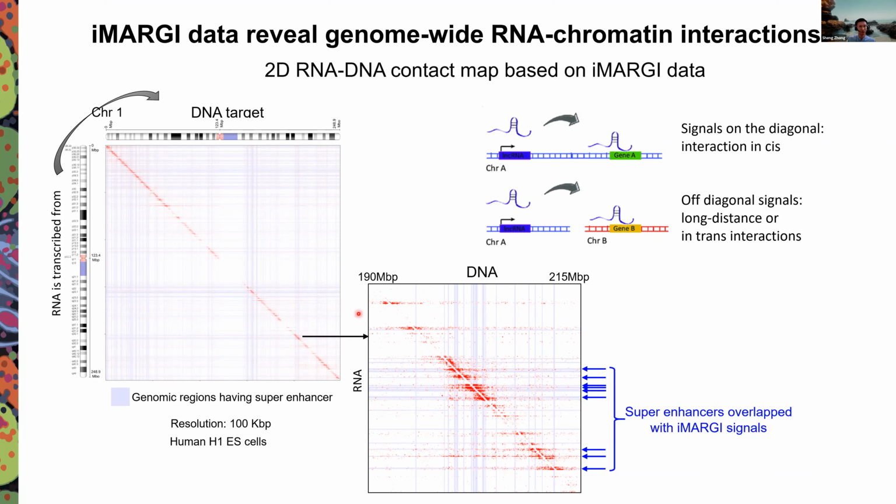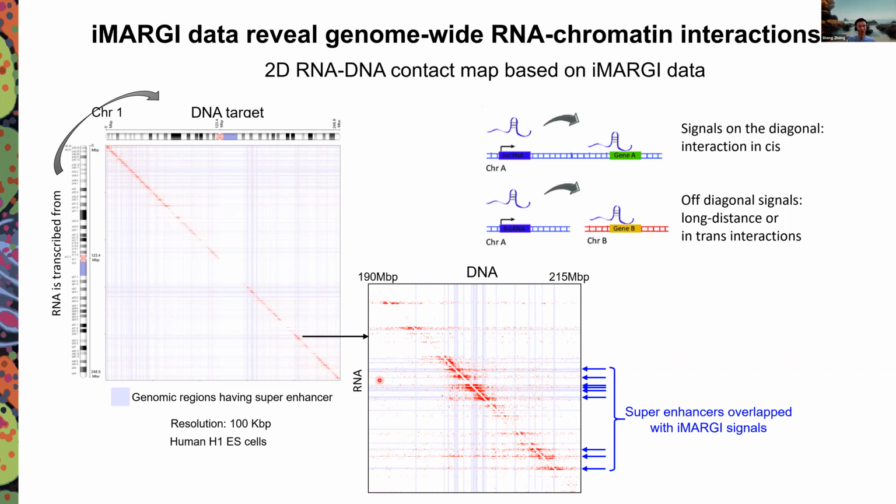And if we zoom in to about 25 megabases near the end of this chromosome, we see that the RNA transcribed at each row location seems to reach a neighborhood of the genomic sequence, and sometimes can reach several megabases away from its own gene.